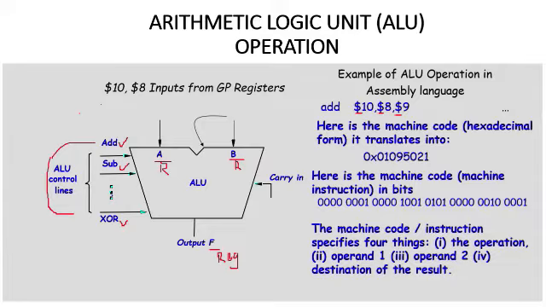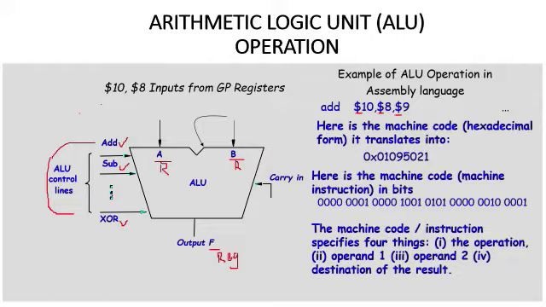Looking at these registers, this says get the content of register 10, the content of register 8, then add it to register string 9.